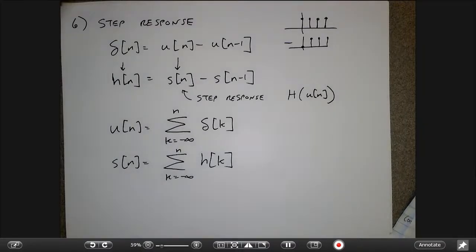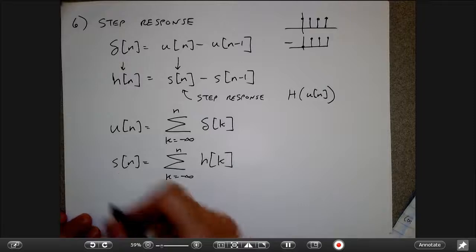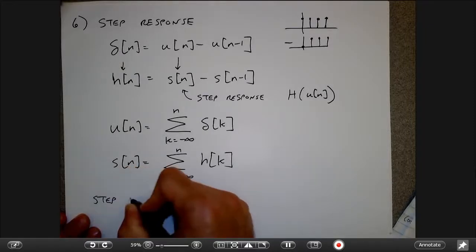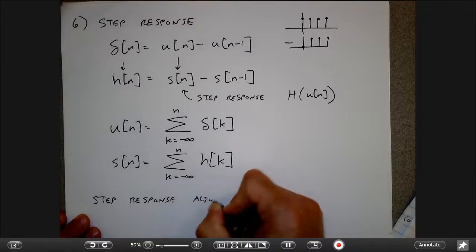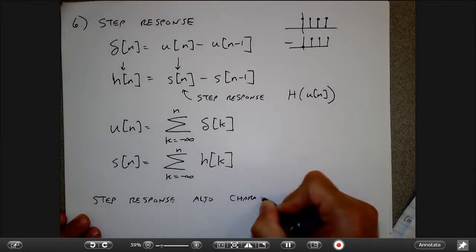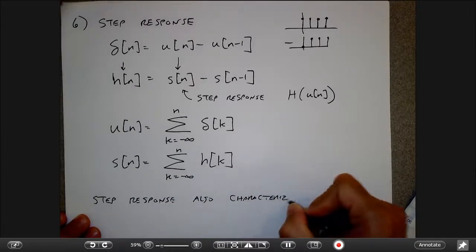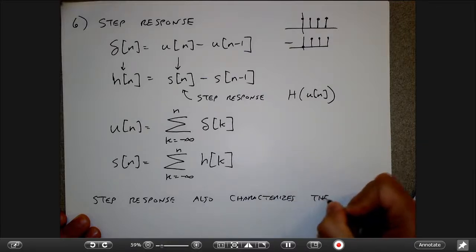For the purposes of analysis, if I know the step response, I can go back and compute the impulse response and thus compute the response to anything. So the step response also characterizes the LTI system.